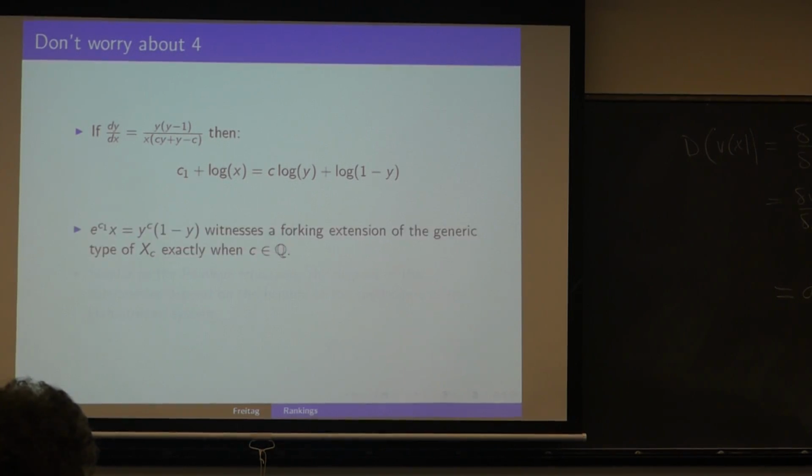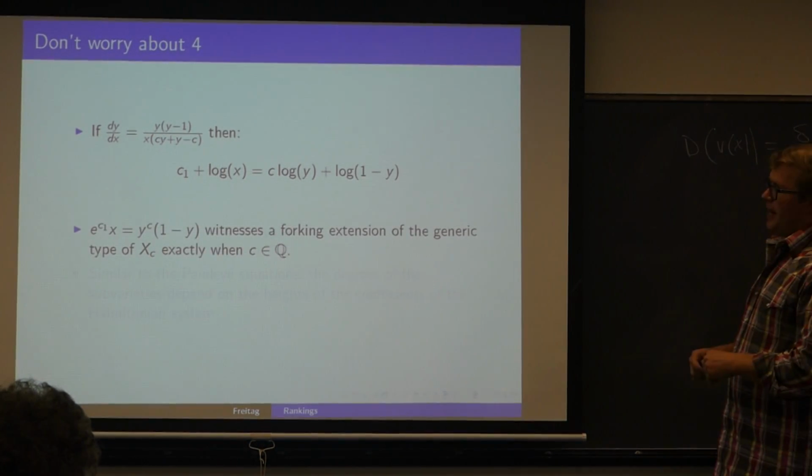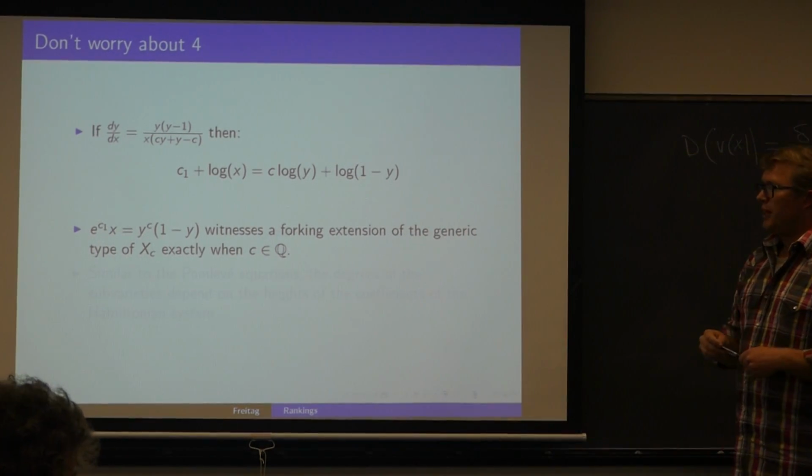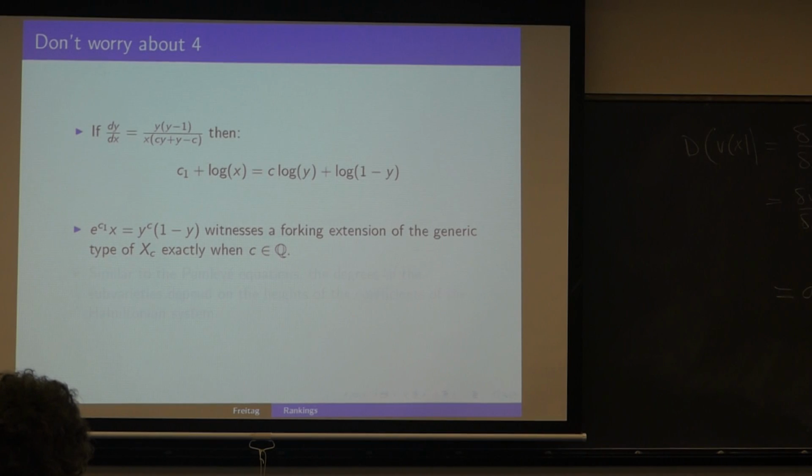And if you exponentiate both sides of that equation, then it's exactly an algebraic equation when C is rational. And that's exactly what you need to, as model theorists say, witness forking, or witness the growth of the U rank.